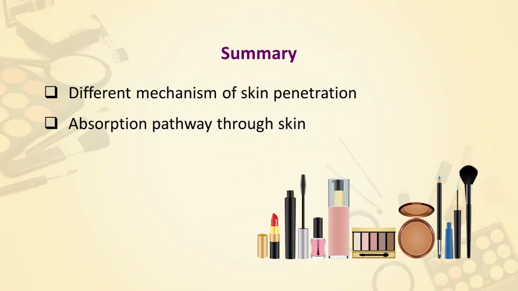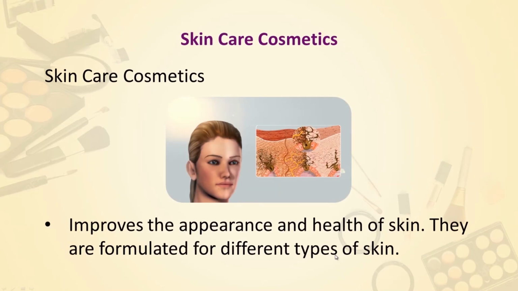So far, we have discussed the different mechanisms of skin penetration and the absorption pathway through skin. Now, we will move to skin care cosmetics. Skin care products are applied on the skin for maintaining the good health of the skin. These are used to improve the appearance and health of the skin.